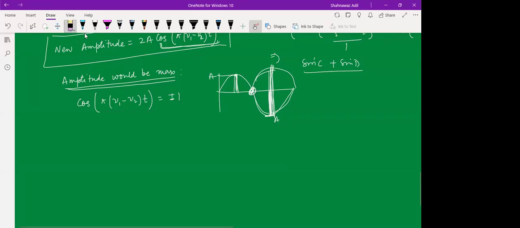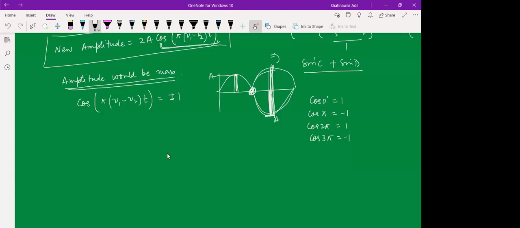So when cos is plus or minus 1: cos 0 is 1, cos pi is -1, cos 2 pi is 1, cos 3 pi is -1.